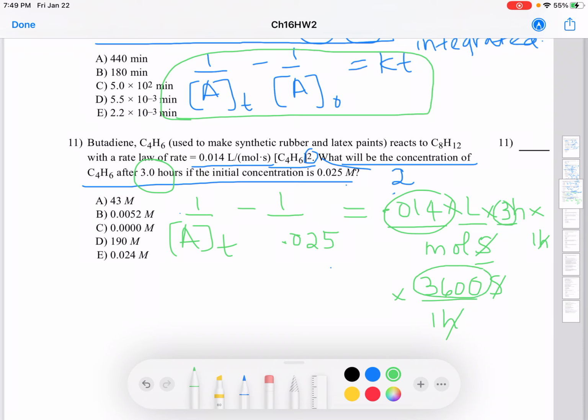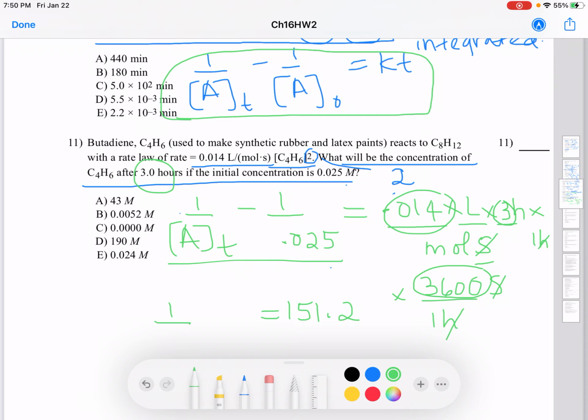And then from this side you have this part to solve: 1 over 0.025. You find that answer, and you can solve for the concentration of A. 0.014 times 3 times 3600, I think, is 151.2 from this side. Do this calculation and see if you also get the same thing. 151.2.